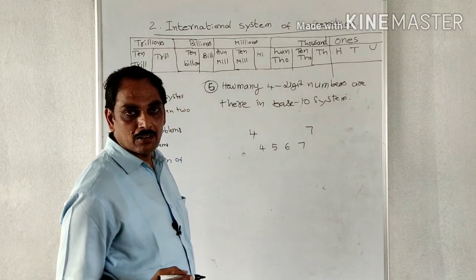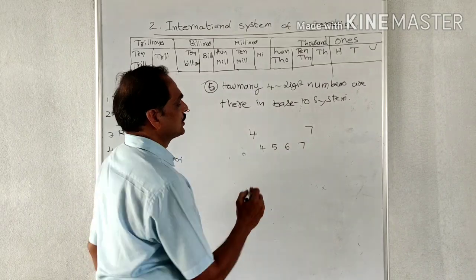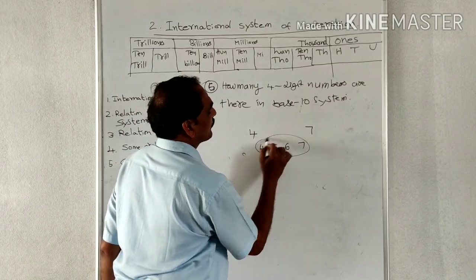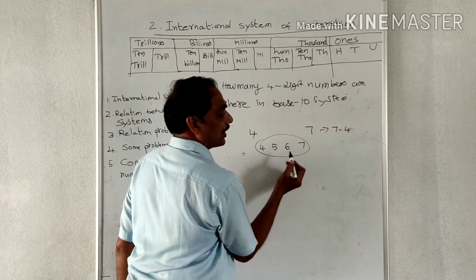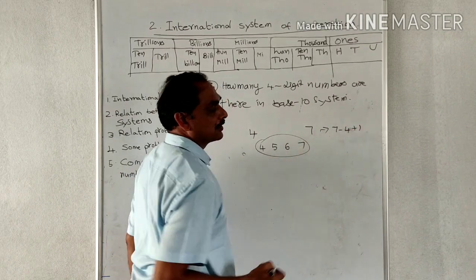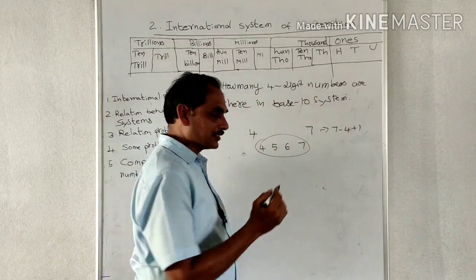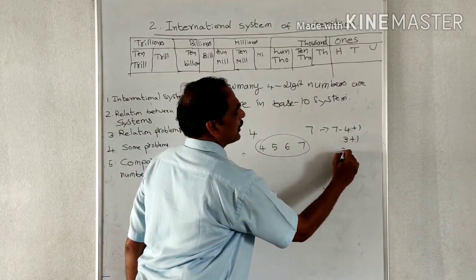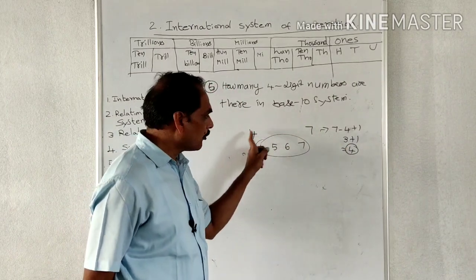So there are 4 numbers from 4 to 7. So we write 4 to 7 as 7 minus 4 and add 1 to this difference. So 7 minus 4 is 3, 3 plus 1 equal to 4.